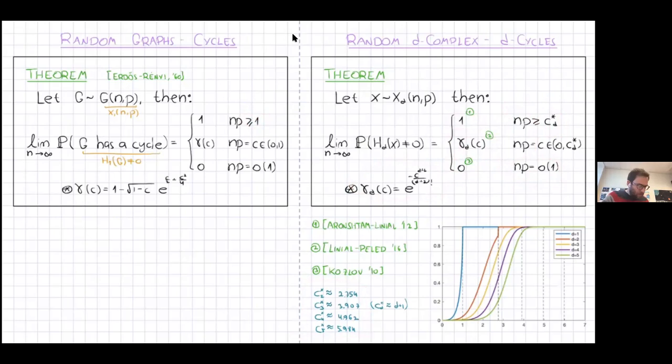And in this picture over here, you can see the graphs of the probabilities for the various dimensions. The blue one is for the graph, and it goes continuously until it reaches 1. Whereas for the random d-complex, there is a discontinuity. It goes up, and then at some point it just jumps to 1. So it's a little bit sharper result.